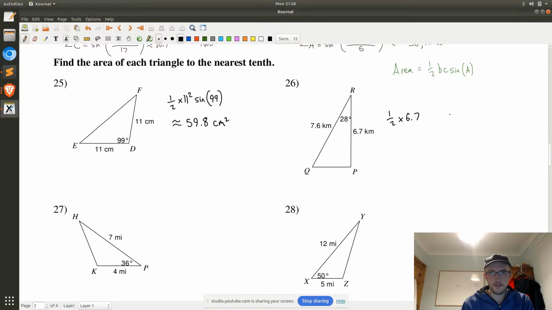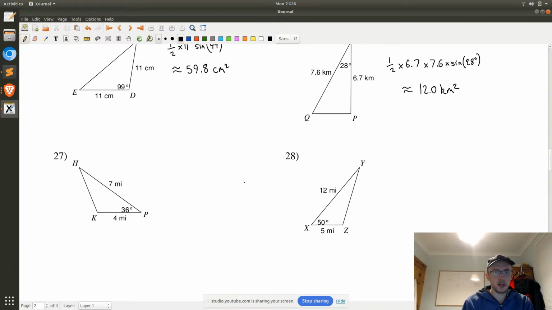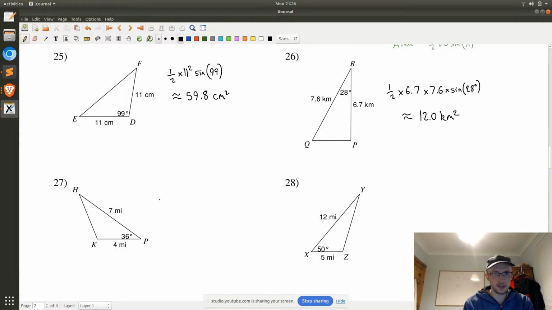Units, please. That many square kilometers, 12.0 square kilometers.